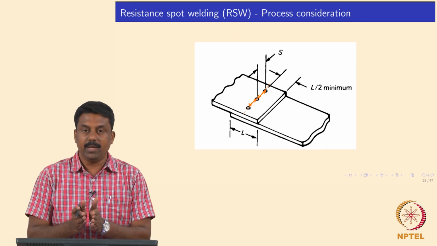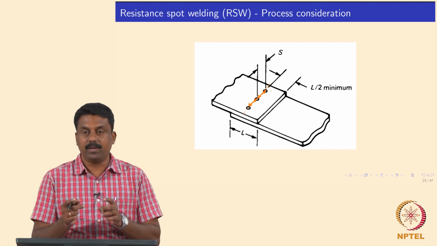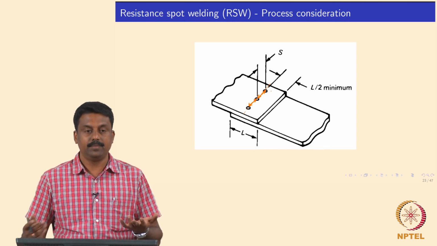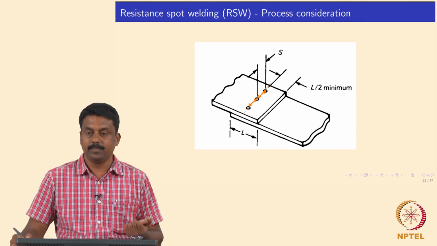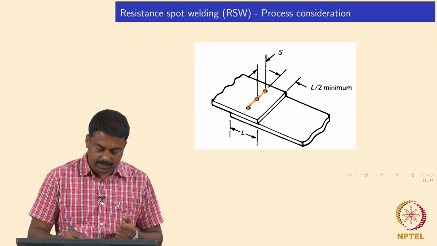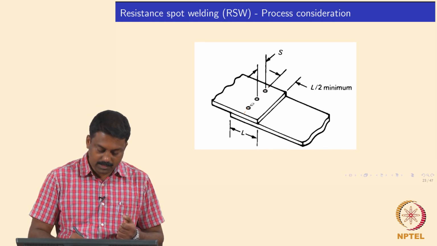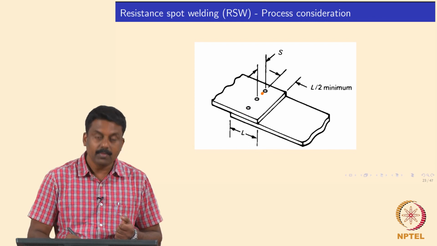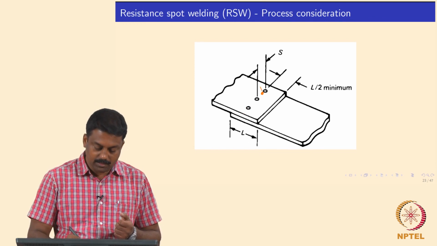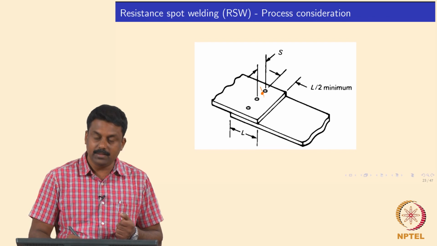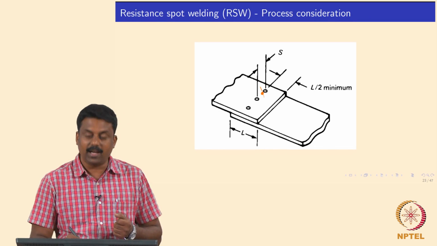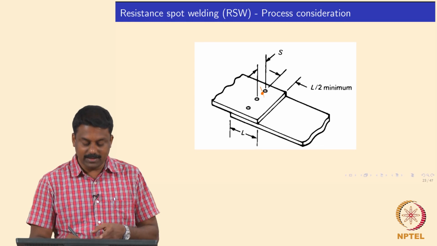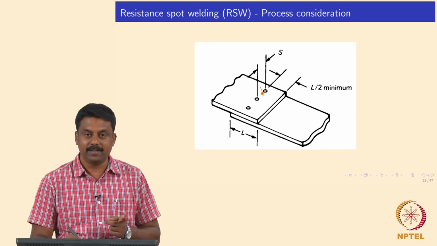If you keep it very close, then you may have current passing through the previously welded nugget. Suppose you are welding in this case, and you keep it very close. Instead of the current passing through this location, it finds another easy way, because this is a solid junction now, there is no contact resistance, isn't it?